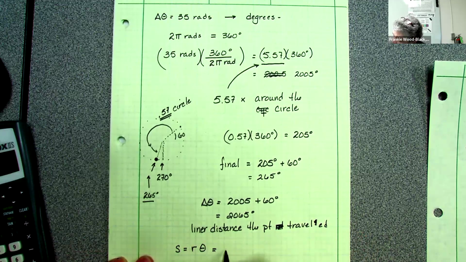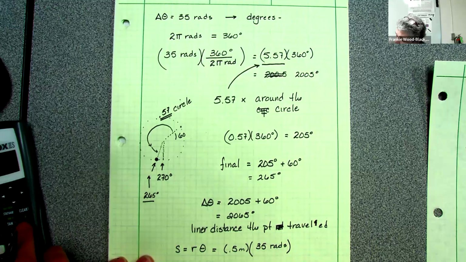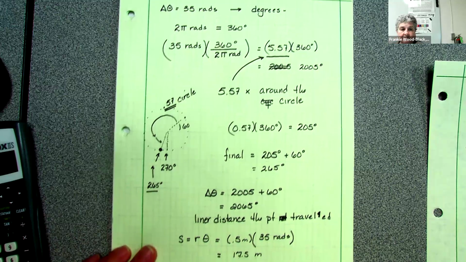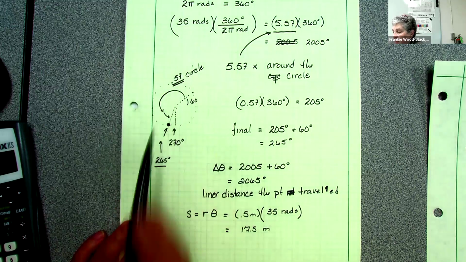My R was 0.5 meters, and my theta ended up to be 35 radians. So that is going to end up being 35 times 0.5, 17.5 meters. So that's the linear distance that that point traveled.